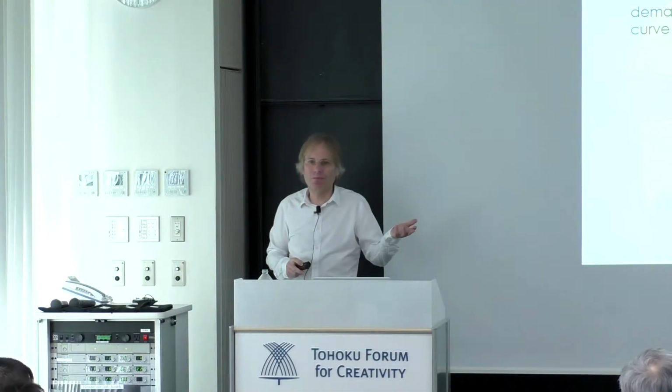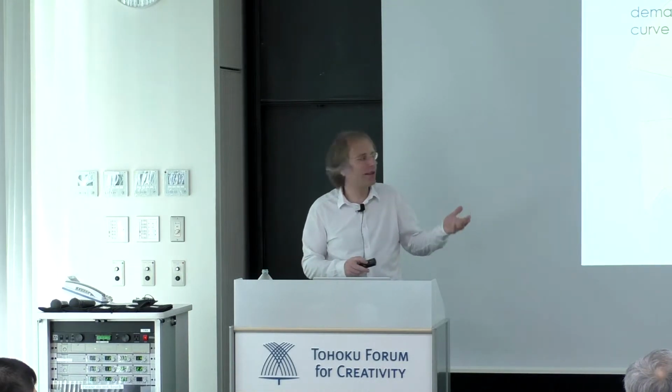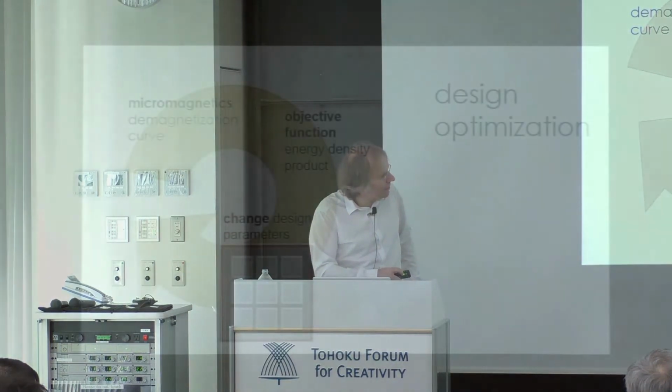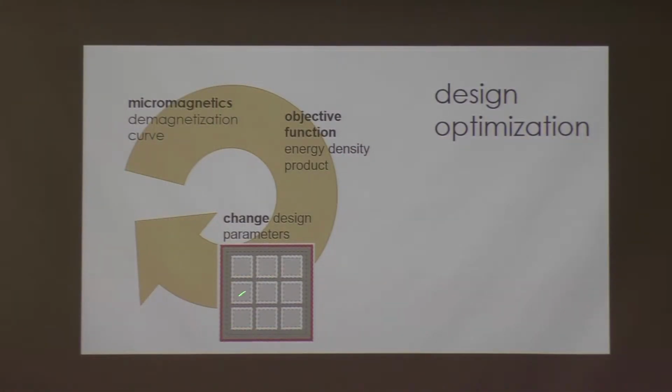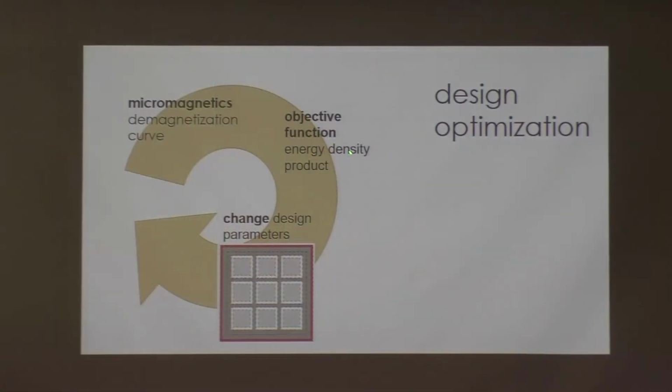Using micromagnetics, we were interested in what is the optimal geometry here. So what are the optimal sizes of the soft inclusions and the gap between the soft inclusions in order to get the highest possible energy density product?